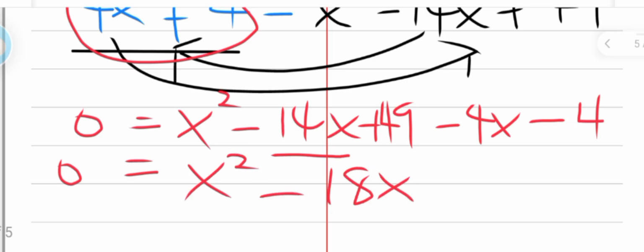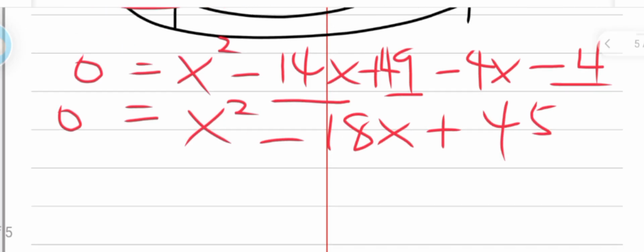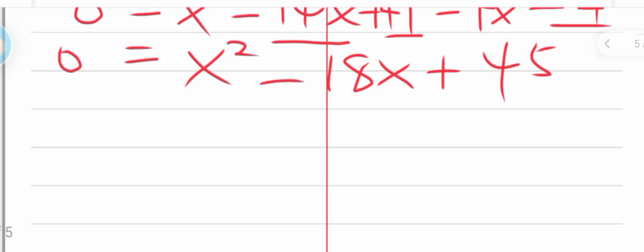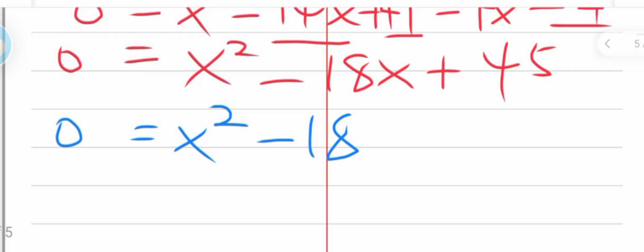Then we have 49 minus 4, which is plus 45. So this is the full quadratic equation that we have obtained: 0 is equal to x squared minus 18x plus 45.